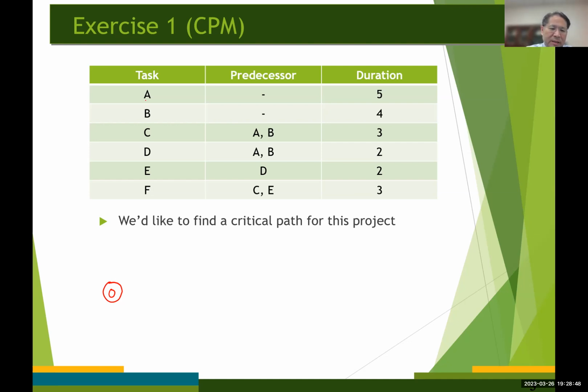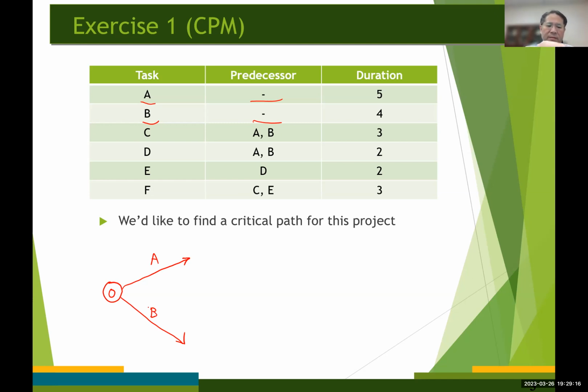In our case, two activities have no predecessors, so we have two arcs coming from event number 0. Let's name one A, and another one B.